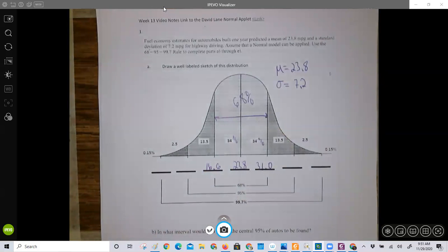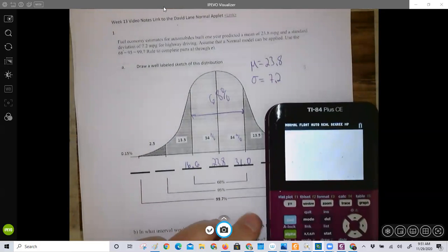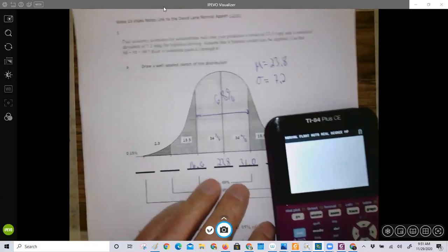What I really want you to be able to do is to do this with a calculator. Here, let me go get a calculator that'll work well with the screen. And I mean, your phones will do this. Google Calculator will do this. I've just got this fancy graphing calculator.